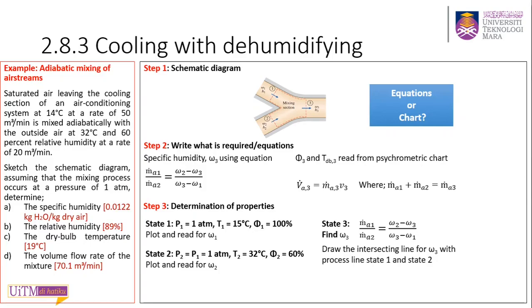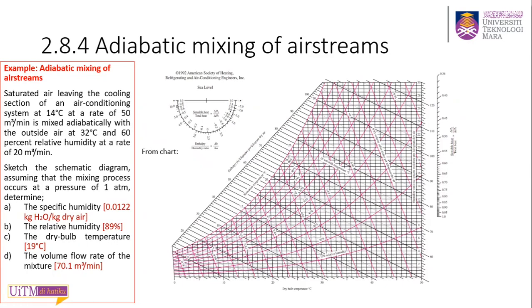Now, let's look at how to use the psychrometric chart for this process. First, plot and label for state 1 and state 2. Next, draw the connecting process line for both of the states.